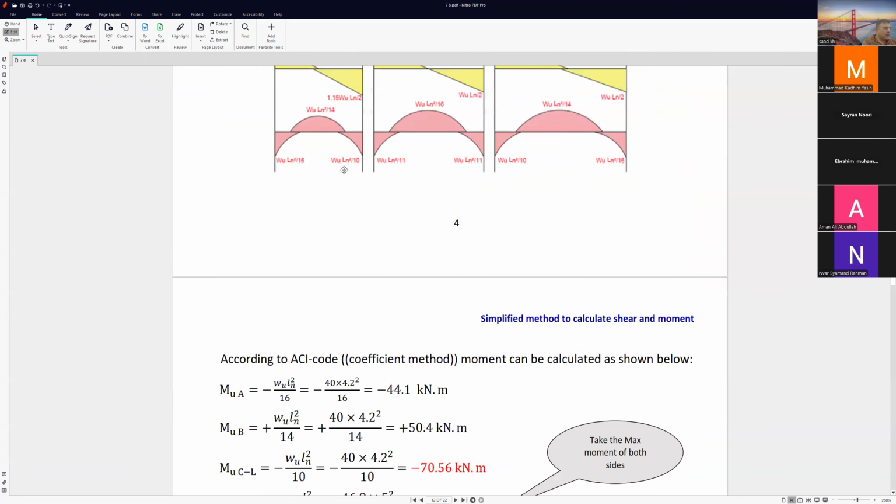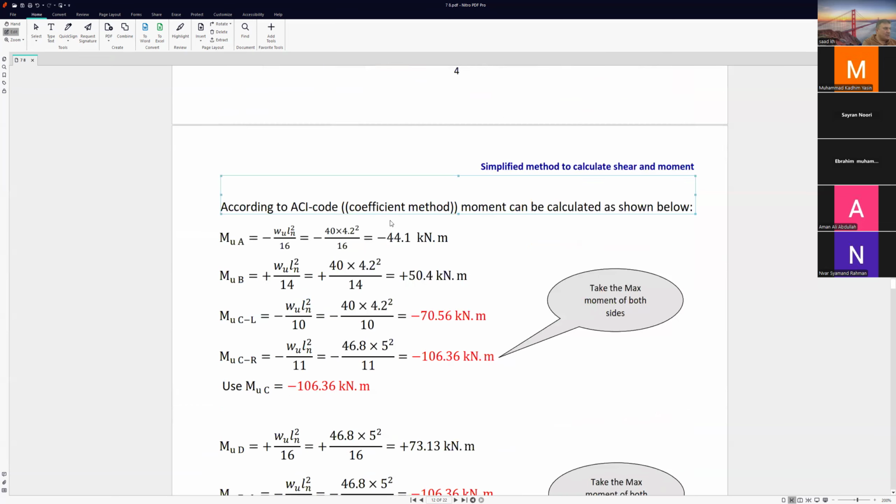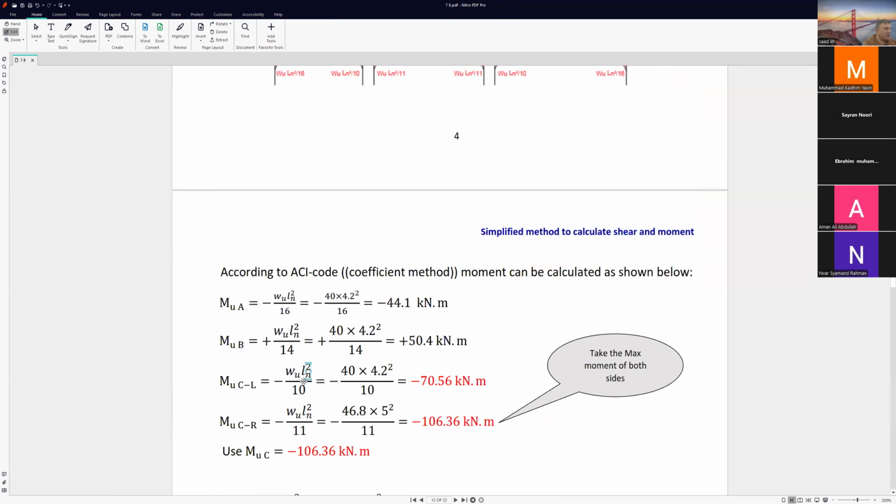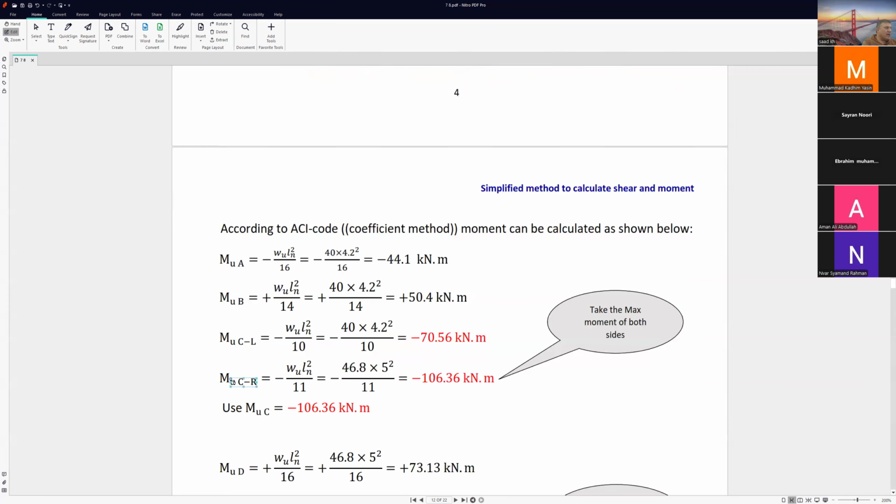It will be WL squared over 10 because it's different, coefficient 10 and 11. So it will be MUC at left, WLN at left. Then we take the maximum moment of both sides. So MUC at right, WLN over 11.